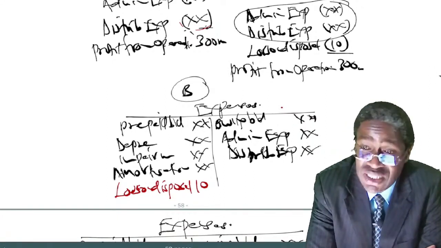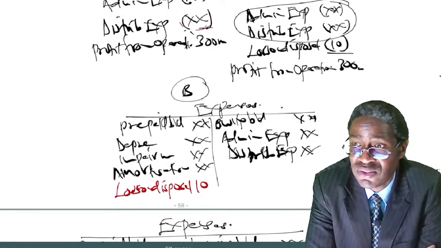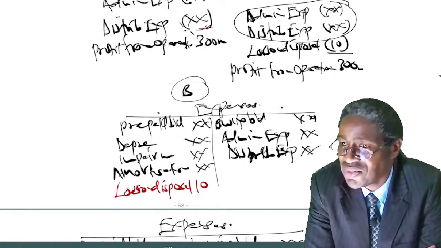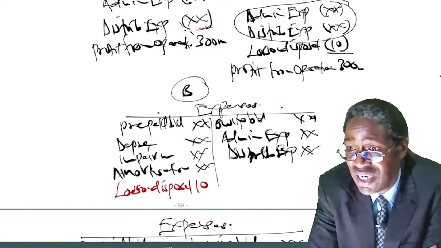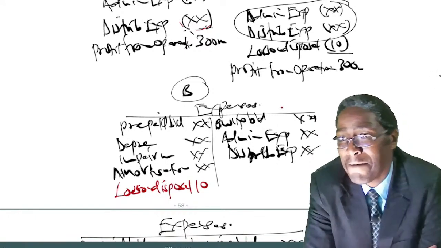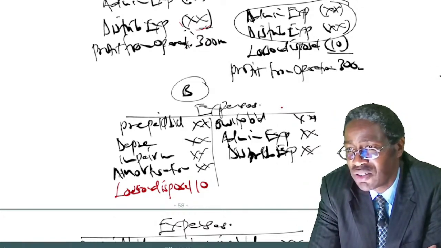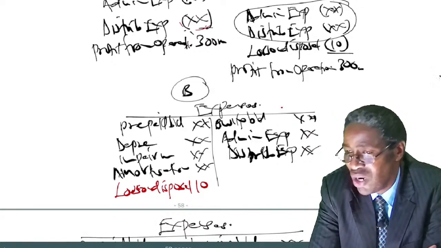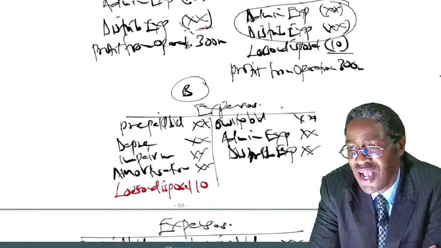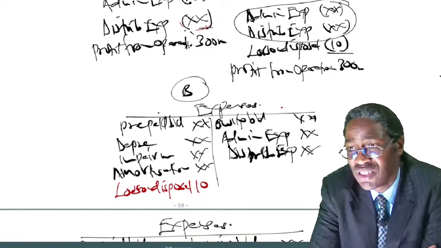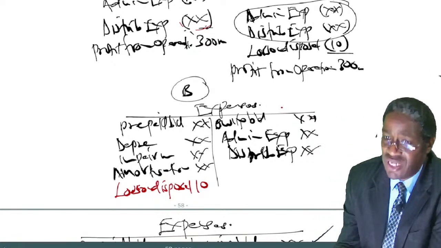It is either yes or no. Somebody has said yes. Somebody has said no. Somebody has said yes again. Okay. One more opinion. Yes or no? Okay. Now listen.